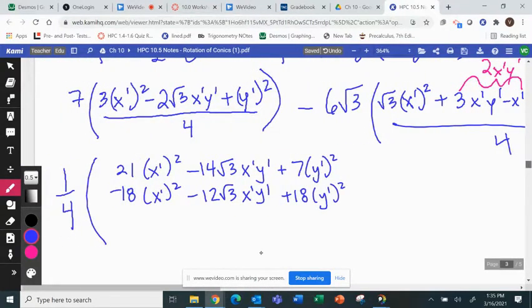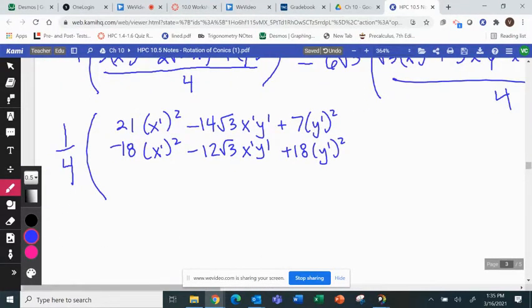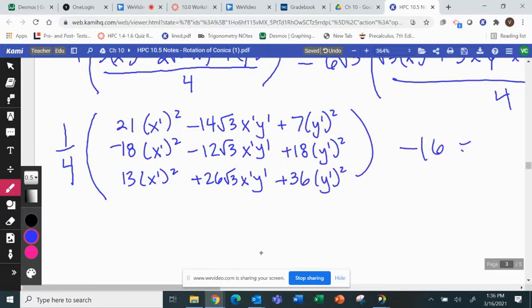Now I'm going to do that with the third one, but it's on my paper. I mean, it's up there too, but it's on my paper, so I'm not going to keep going back and forth. So I get 13 x prime squared plus 26 square root 3 x prime y prime, and then plus 39 y prime squared. Minus 16 equals 0.